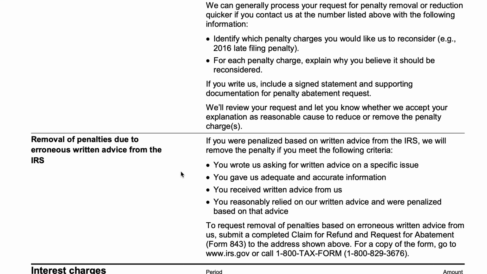Also, if you requested written advice from the IRS and you gave them a written question on a specific issue, you gave them enough information and it was accurate so that they could give you accurate advice, you received advice that you relied upon, and then you turn around and find out that you have a penalty based on that advice, that would be an example of a reason why you would file your request for abatement. And you do that on IRS Form 843.